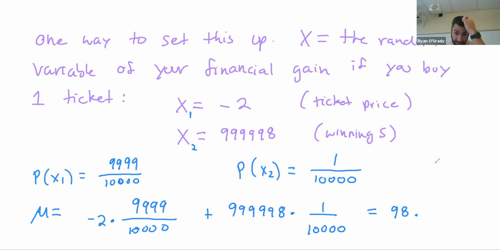Now, what you would imagine is if we sold more than 10,000 tickets, then this number would go down. So let's compare this with another example.